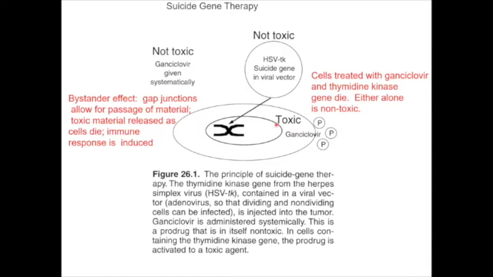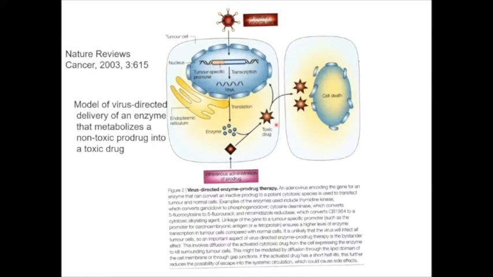There are a couple of things to note. Wait, let me show you this image. It might be a little bit better, and then we can go back to that other slide. So here's kind of the image. They don't really talk about the drug ganciclovir, but that's what the drug is they're using as their example here. So you take the herpes simplex virus. It has its own thymidine kinase in it.